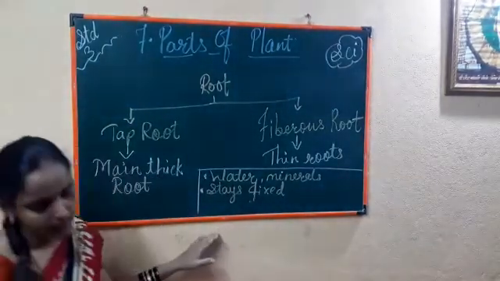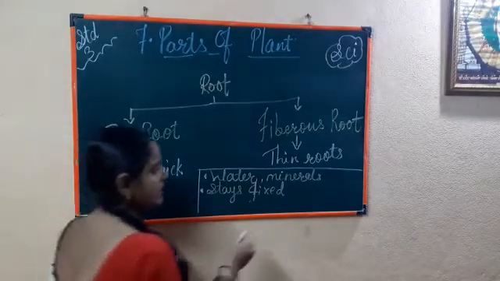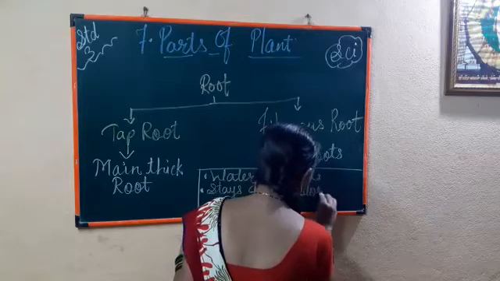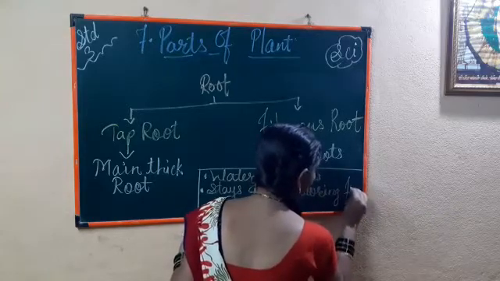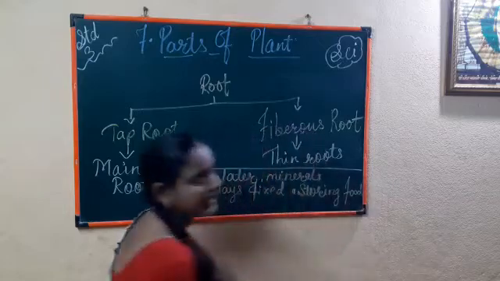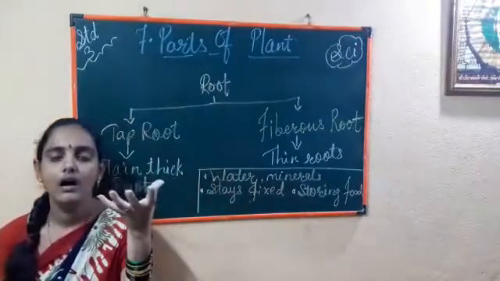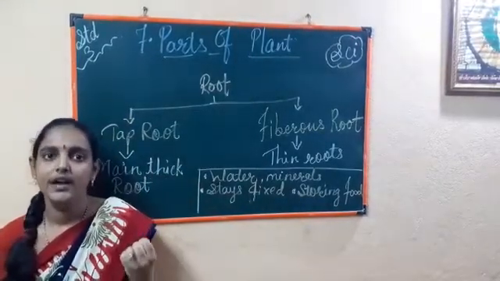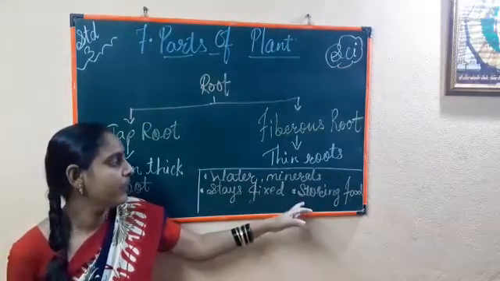Now some roots have the function of storing food, like beetroot or carrot. Have you seen the beetroot? Beetroot is of a red color, and it has a very important function of storing food.